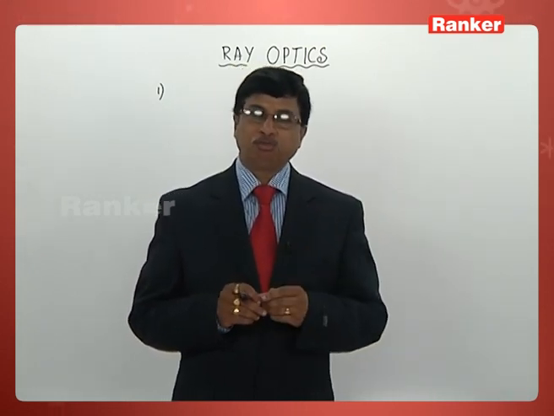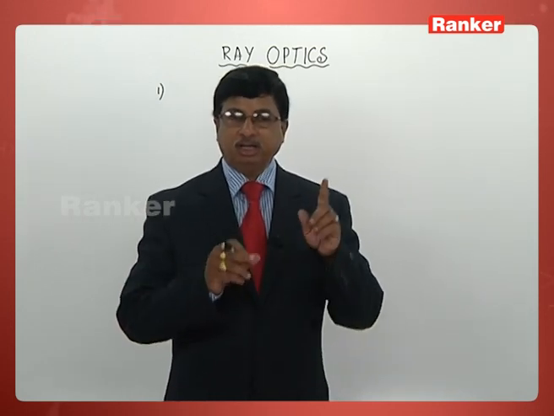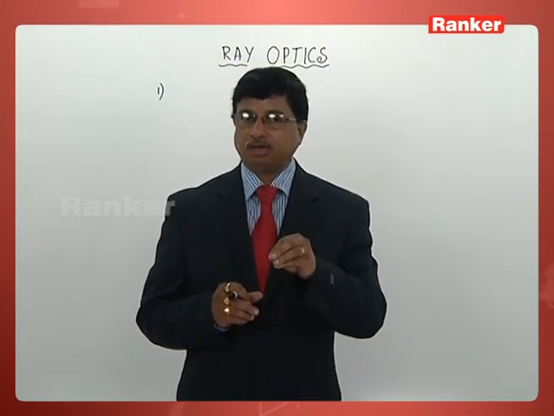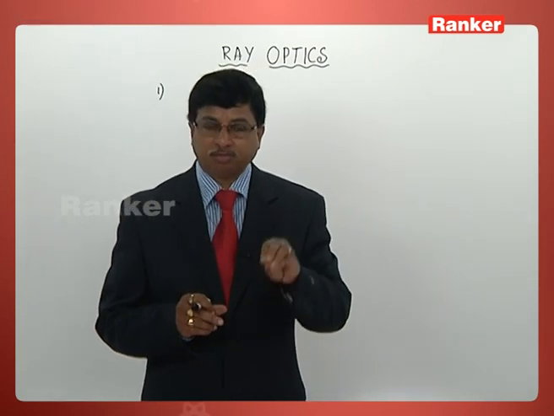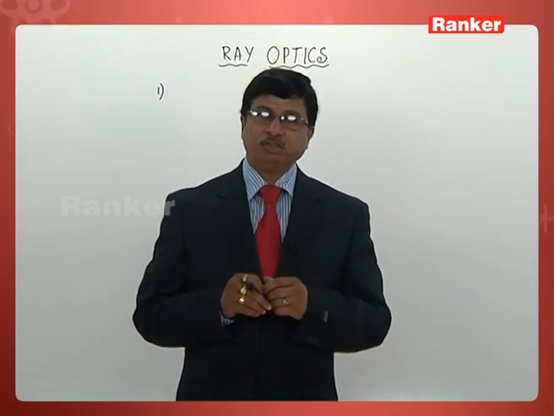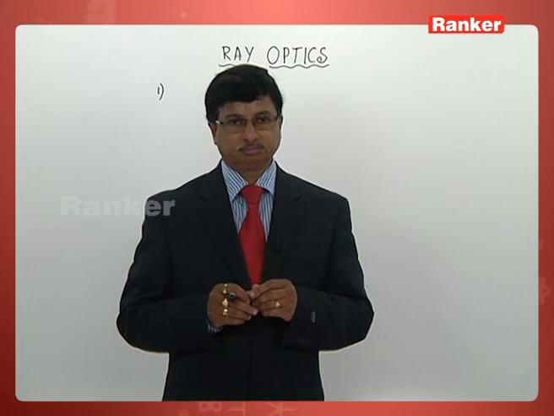The new Cartesian convention we follow is: in the direction of the incident ray, all the distances are to be taken positive, and the distances are to be measured from the pole of the mirror. Opposite to the direction of the incident ray, all the distances are to be taken negative.